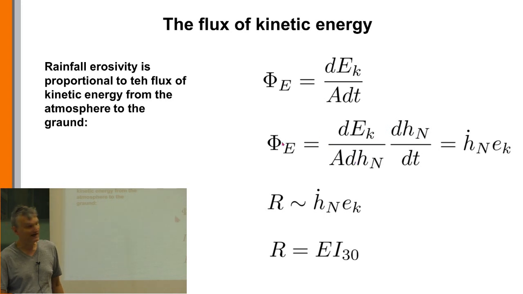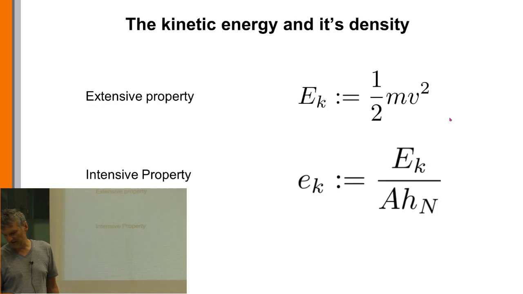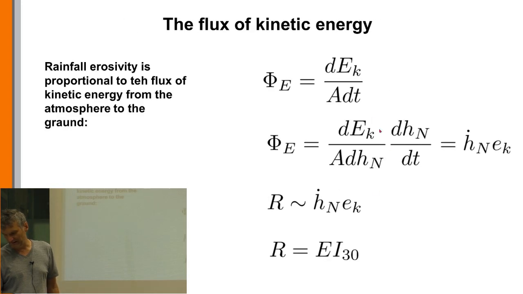So this is the same expression for the flux of kinetic energy. But this first term here is nothing else than the kinetic energy density, as we have shown here, and this is the rainfall intensity.